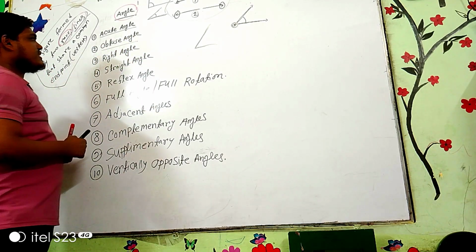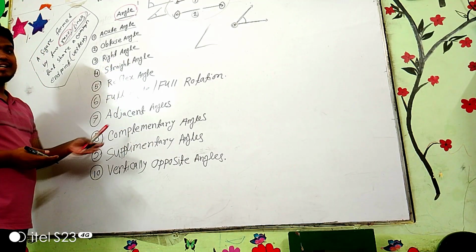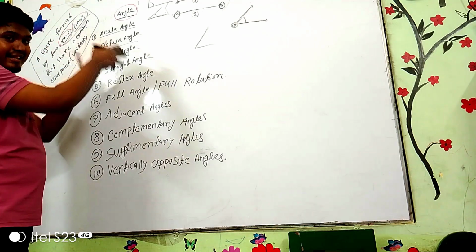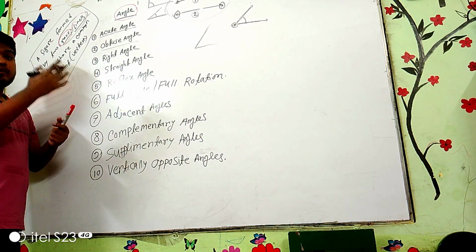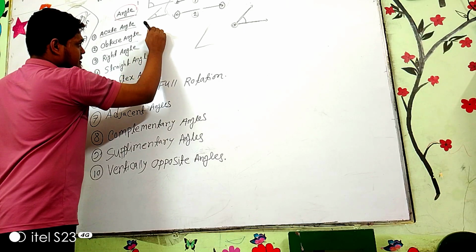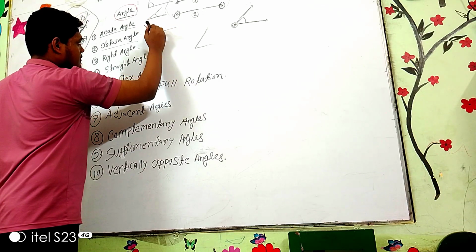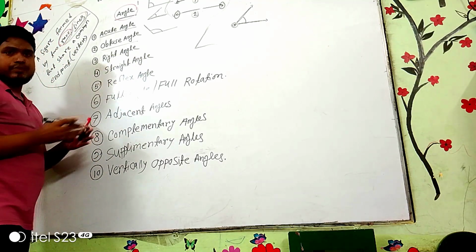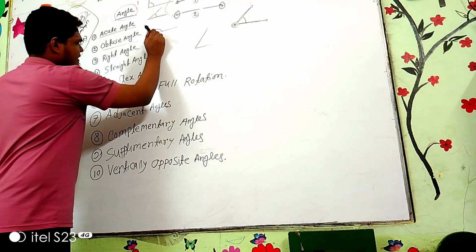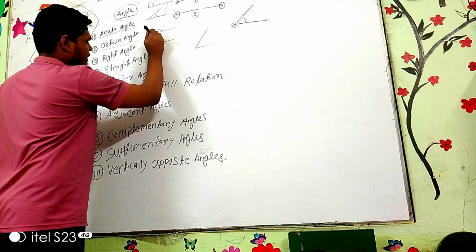Second one, obtuse angle. What is obtuse angle? Obtuse angle is an angle which is greater than 90 degree, like that. It's obtuse angle. Right angle is exactly 90 degree.